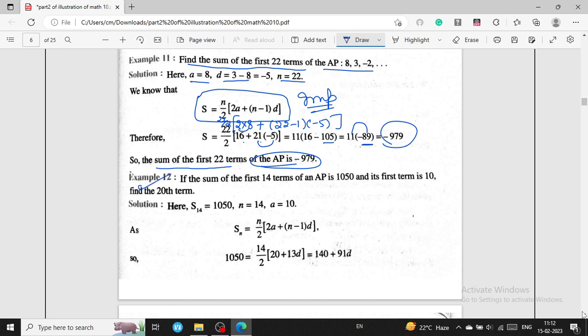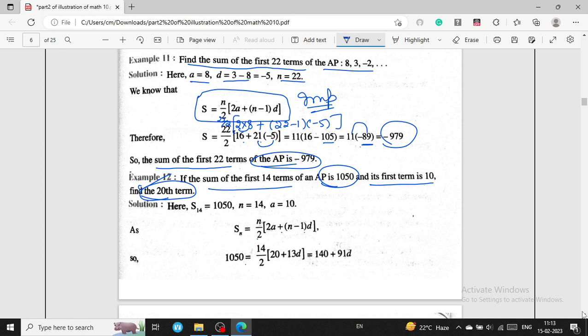In the next example, the sum of the first 14 terms is given as 1050. We have been given the sum and the first term, and we have to find the 20th term. First of all, we have to put the formula: Sn is equal to n by 2 times 2a plus n minus 1 d.